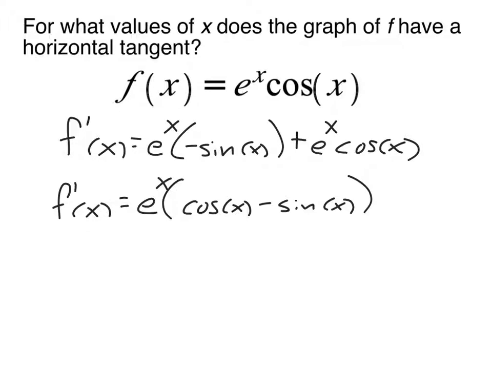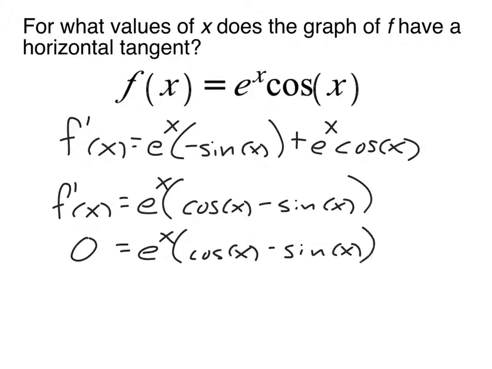Now by writing it in this form, I'm going to make my life a lot easier for my next step, because if I want to know where it has a horizontal tangent, that means the slope of my tangent line, if it's horizontal, is 0. And so then I'm going to set this whole thing equal to 0. And by having it in this more factored form, where I factored out that e to the x, it makes it much easier to solve.